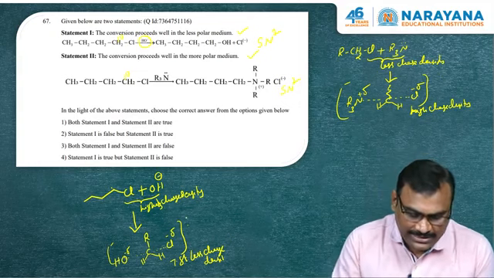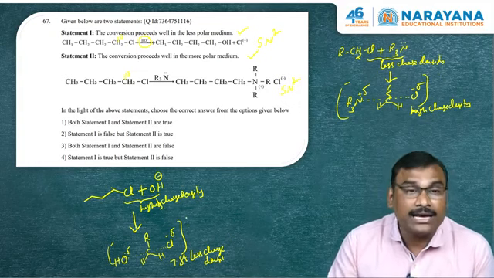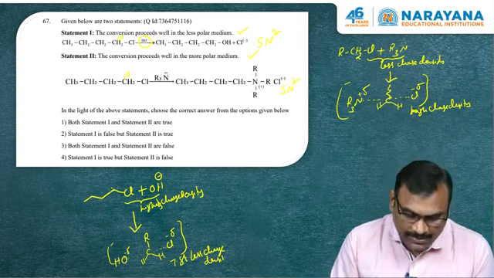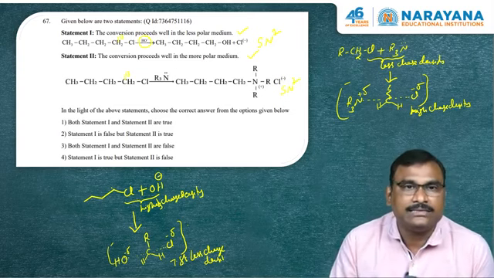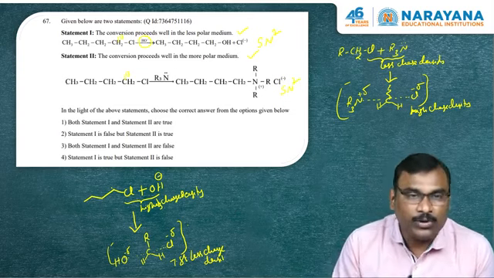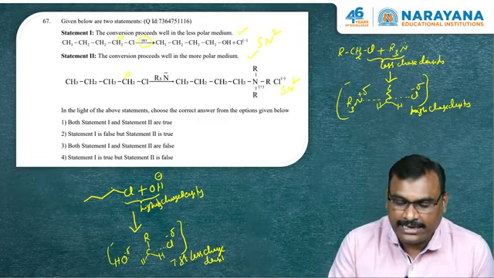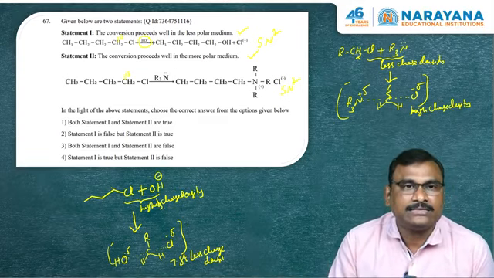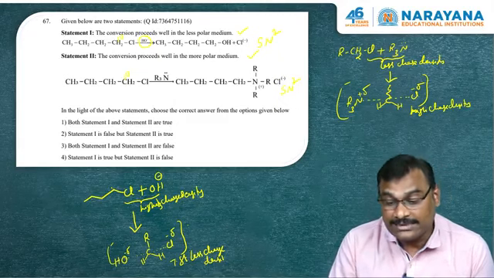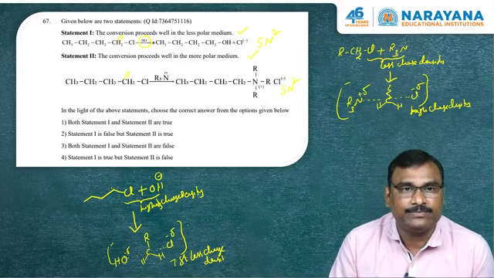Therefore, for the first reaction, the reactants are highly charged, but the transition state has less charge density, so a less polar medium is favored. In the second reaction, the reactants have less charge density, but in the transition state, high charge density is present.